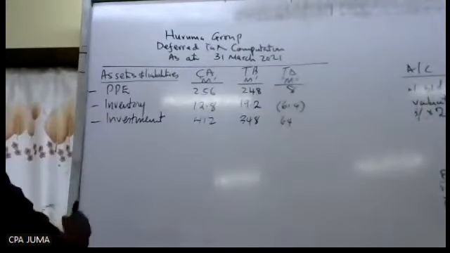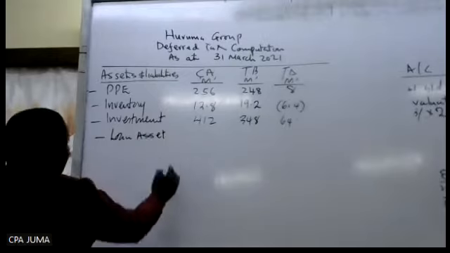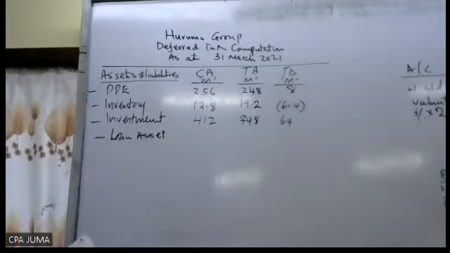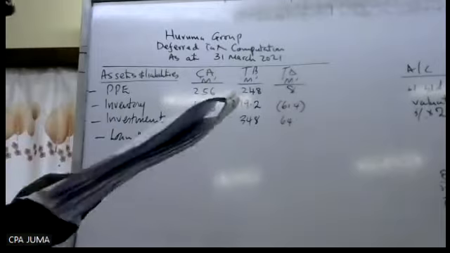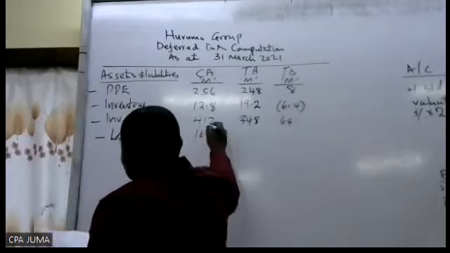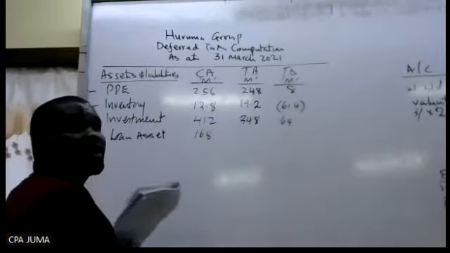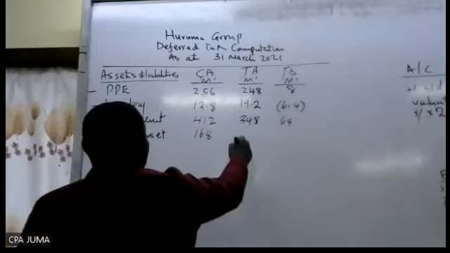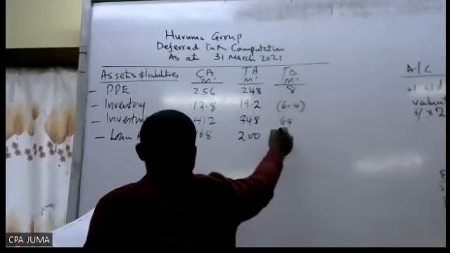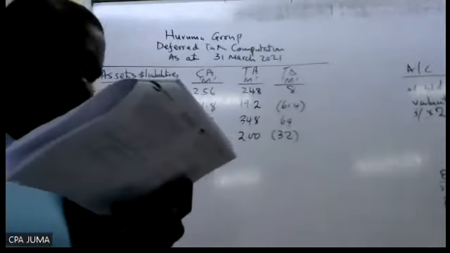So right there, loan asset. What is the book value? 168. This is after making what? Allowance of how much? 32. Gross back to how much? 200. So that is 32. Yes.